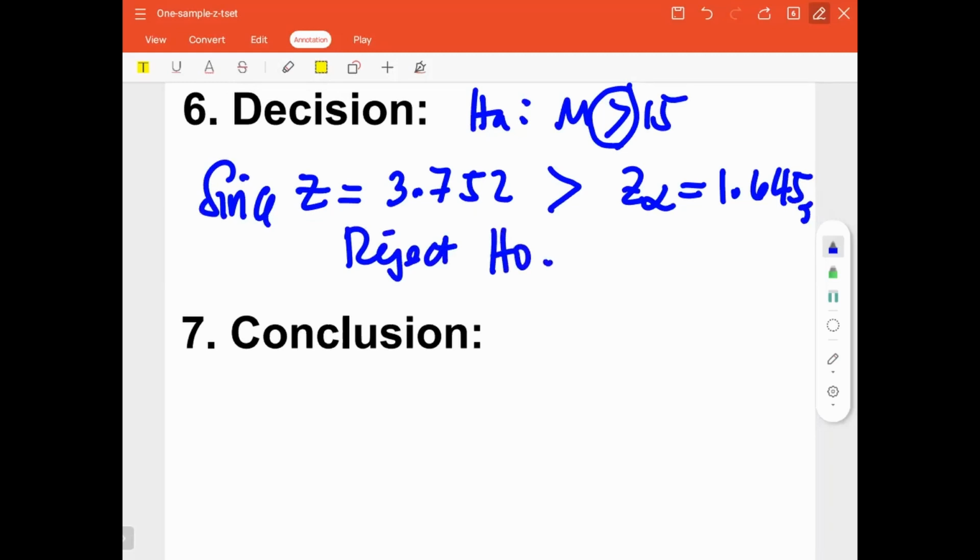So, what will be the conclusion then? After rejecting the null hypothesis, we can now conclude that what? Our conclusion will now be based on the alternative hypothesis.